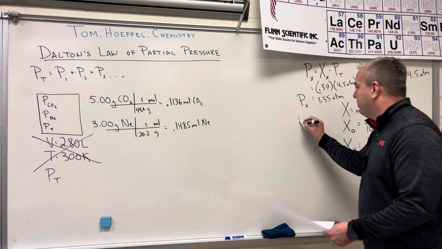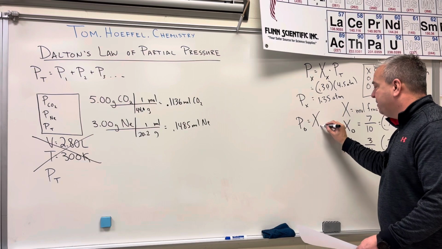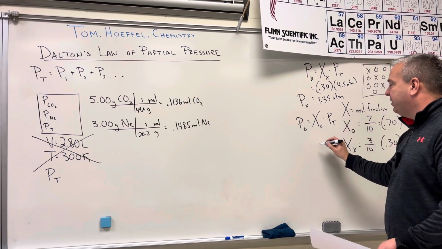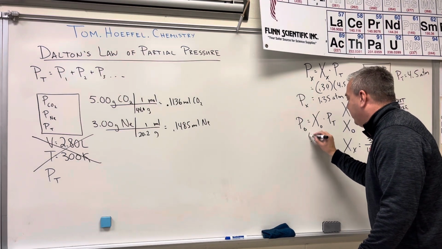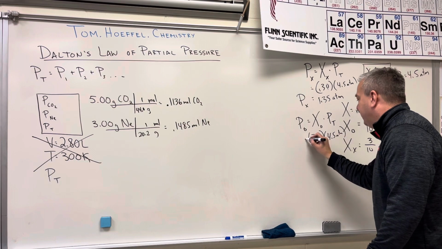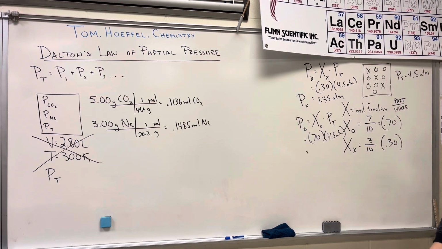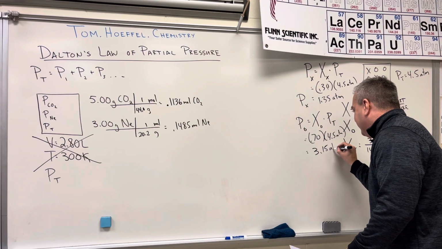If I wanted the partial pressure of the O's, I would take the mole fraction of the O's times the total pressure, and the mole fraction of the O's is 0.7 or 70% of 4.5 ATMs. And 0.7 times 4.5 is going to be 3.15 ATMs.